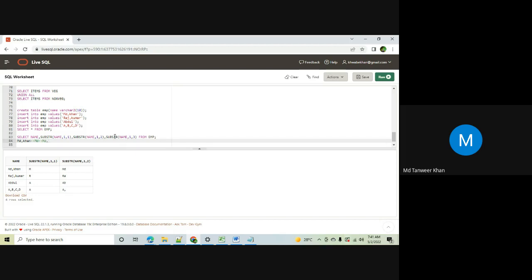This tells the SQL engine to stand at the first character, which is M, and then take three steps. One step is M, second step is D, third step is this comma. So you have to consider comma as one step. Let me execute this. So you got MD, comma.